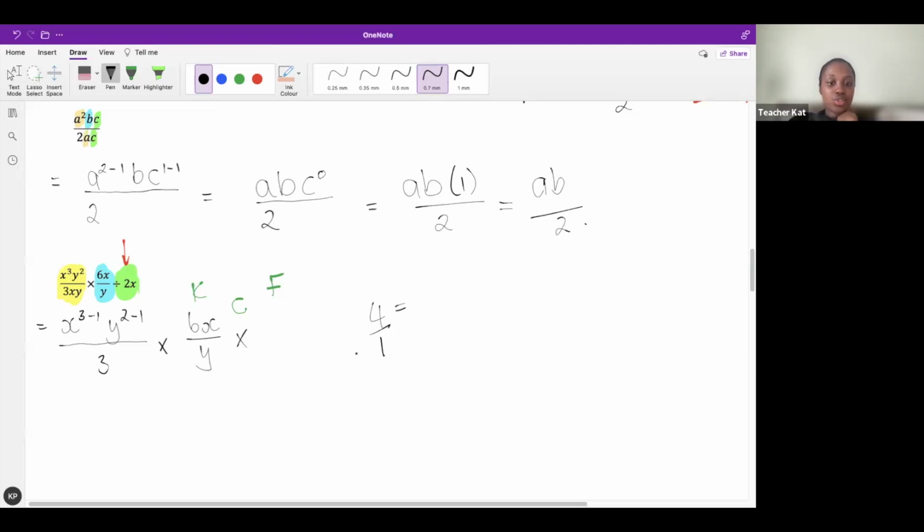So if I'm going to flip that, what is my new fraction going to be? Nice, Botlale. So this would be 1 over 4, which means my new fraction is 1 over 2x.